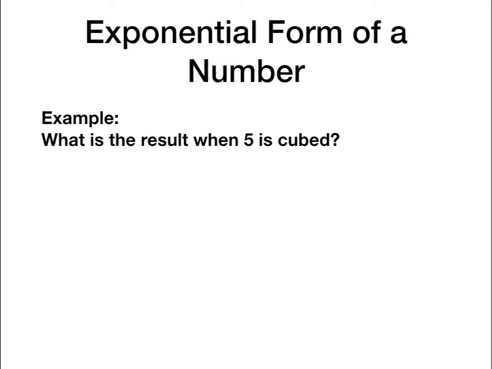Clearly, we know that the base is 5 and we know that the power is 3, but we don't know yet what it results into. So, we just implement it. 5 cubed is 5 times 5 times 5, which gives us 125.